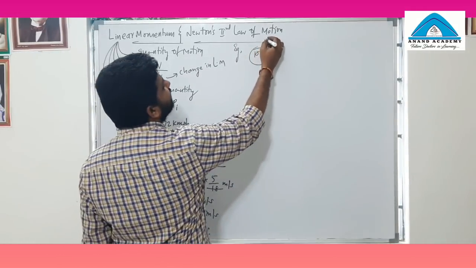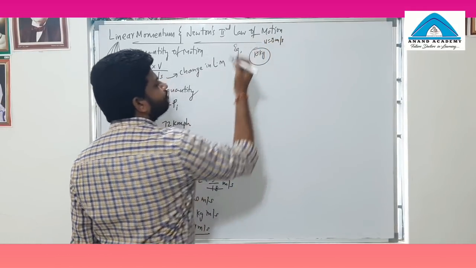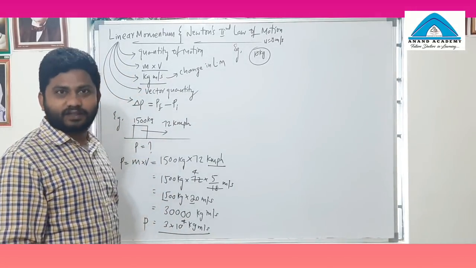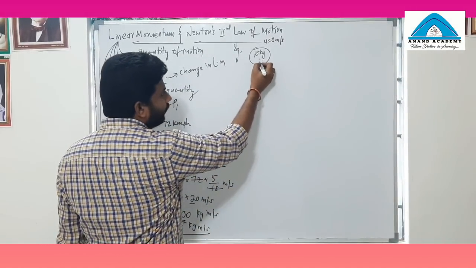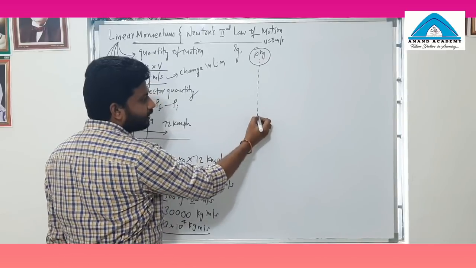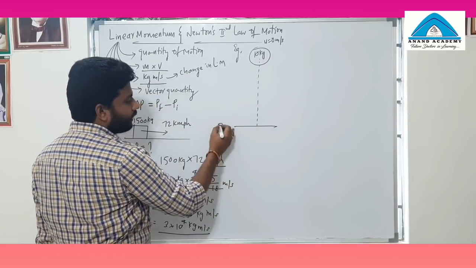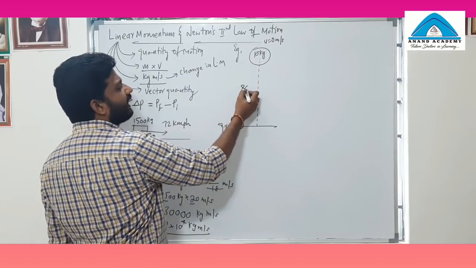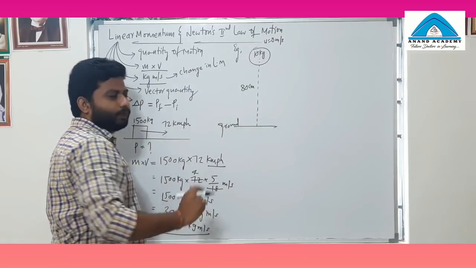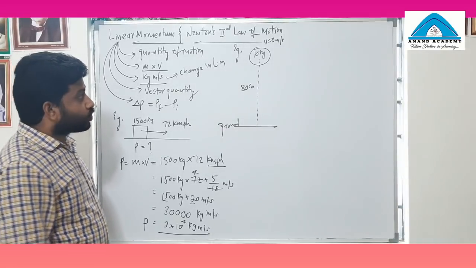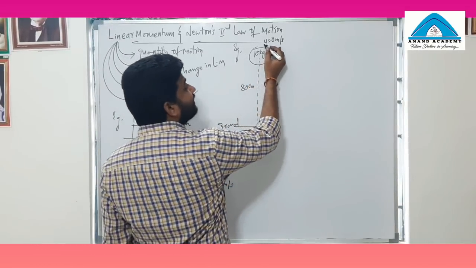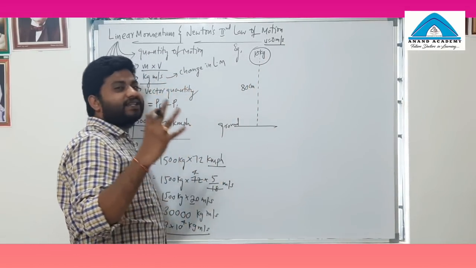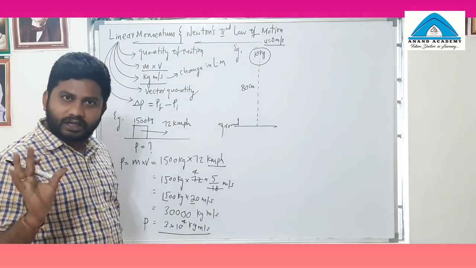Dropped means its initial velocity is 0. So from the ground, it is at a height of 80 centimeters and it is dropped in this way. As the initial velocity is 0, the initial linear momentum is 0 here. Clear?